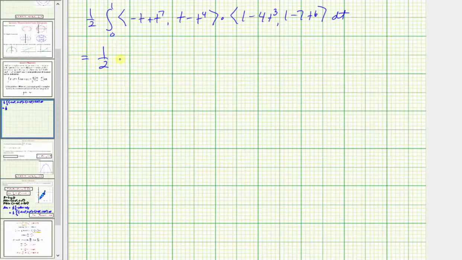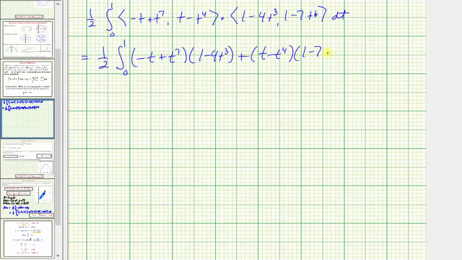So we have 1/2 times the integral from 0 to 1 of the quantity negative t plus t to the 7th times the quantity 1 minus 4t to the 3rd plus the quantity t minus t to the 4th times the quantity 1 minus 7t to the 6th. And now we multiply.